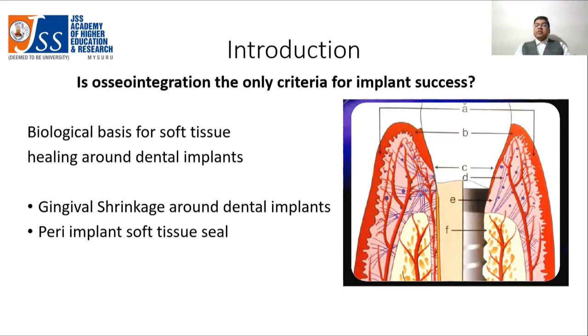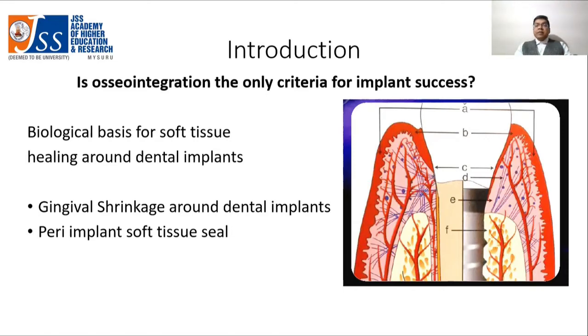But maintaining a competent seal of gingival cuff surrounding dental implants or abutments has an important role to play in longevity of dental implants or the restorations around the implants.